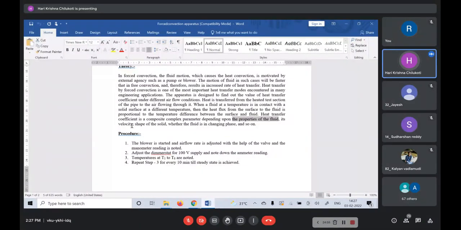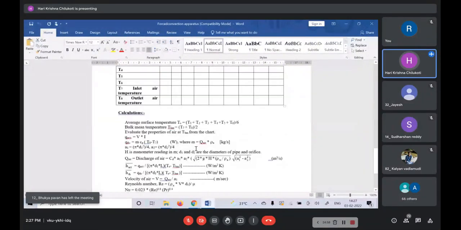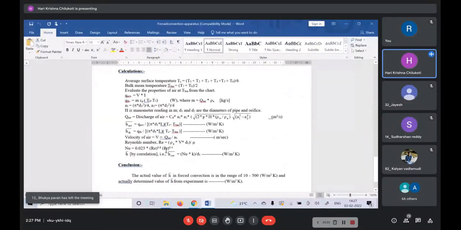So it is really sensitive to several parameters. For example, the correlation that we are using for this particular experiment is the following one. This correlation will be completely different if the flow is over a tube. In this particular case, we are considering flow through a tube, so this is an internal flow condition.